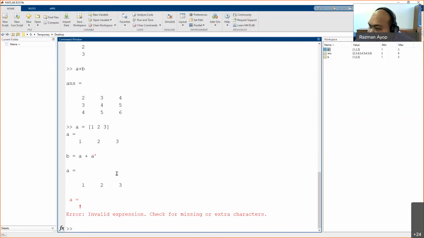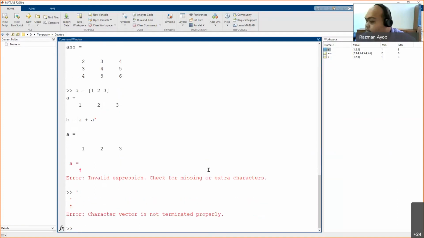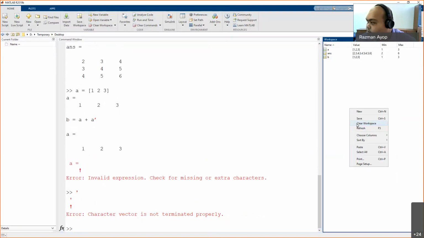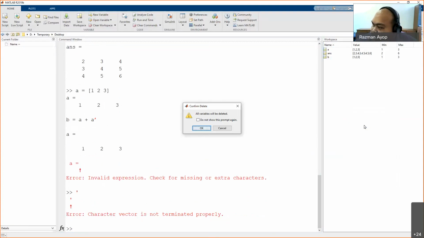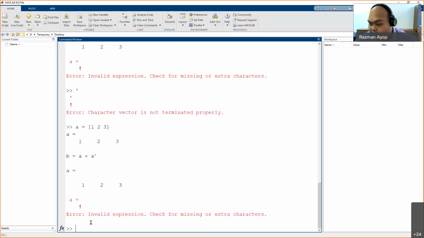If there is an error, it means some of the parameters overlap with each other, so you have to clear the workspace. Sometimes it can show an error. So I use this, copy back.